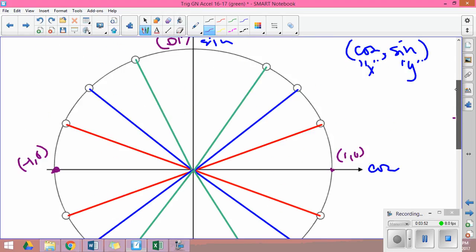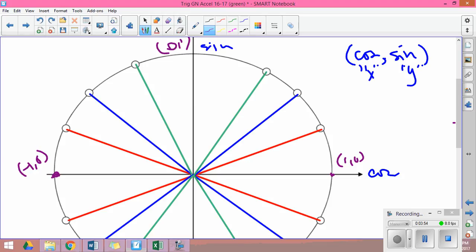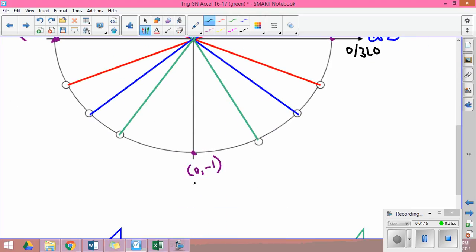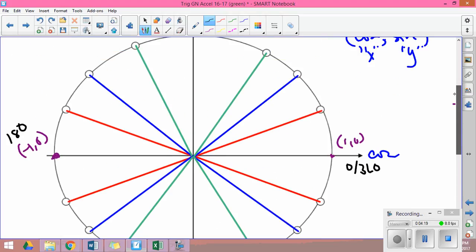When we start thinking about degree measures, starting here, we're at 0, or all the way around is 360. At the top, we're at 90 degrees. Halfway across, we're at 180. Another 90, we're at 270. So we have our degrees all the way around.